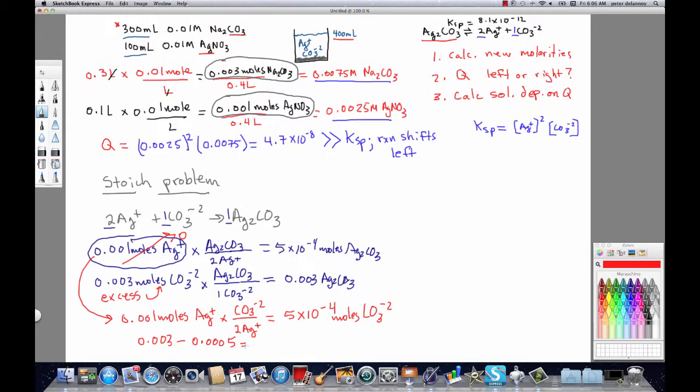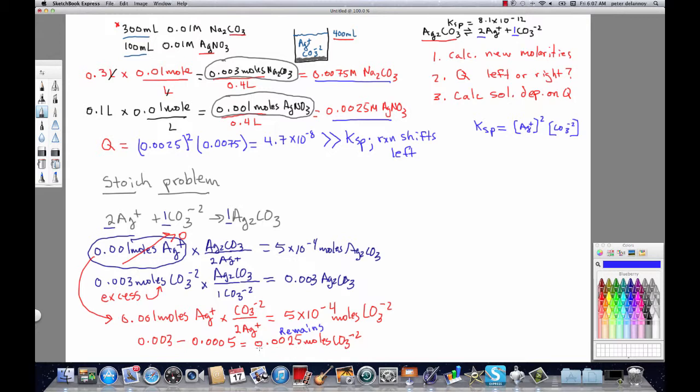All right, and the remaining amount that we're going to have of the carbonate is going to be 0.0025 moles of carbonate remaining, and I'll label that. This is what remains after the precipitation reaction. The stoichiometric part of this reaction happens.